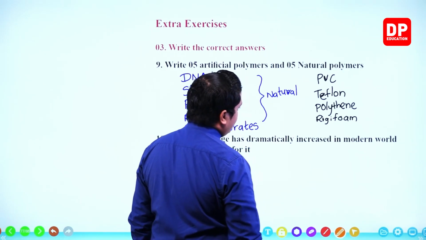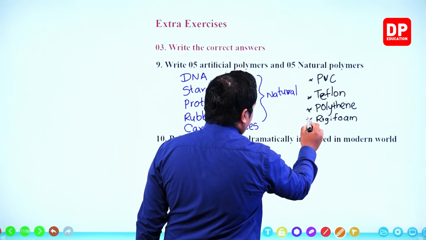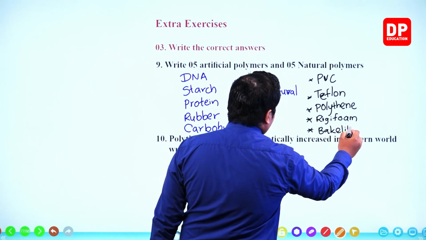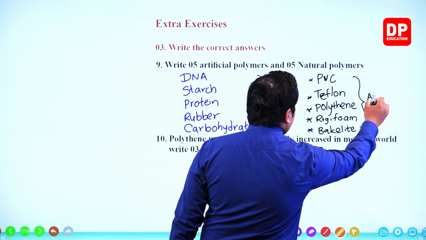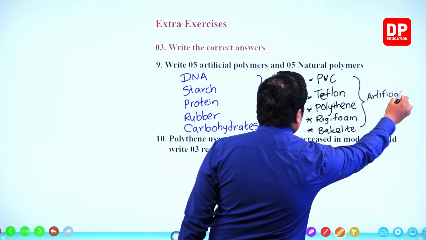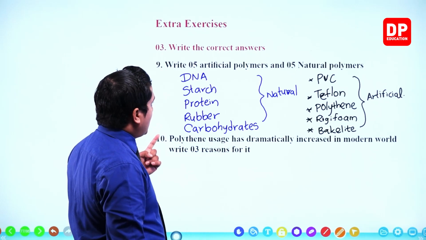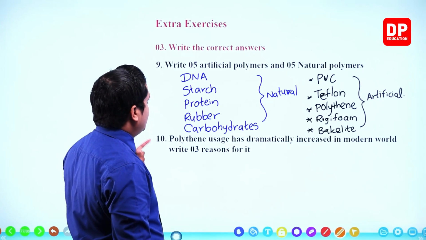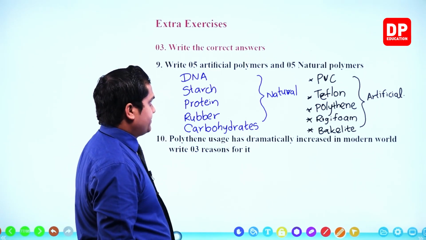Okay, then PVC, Teflon, polythene, rigiform and bakelite. So these things are artificial. So artificial: PVC, Teflon, polythene, rigiform, bakelite. Natural: DNA, protein, rubber and carbohydrates.